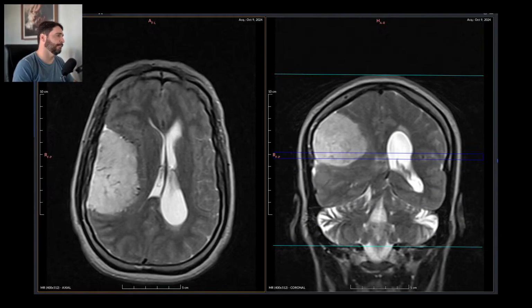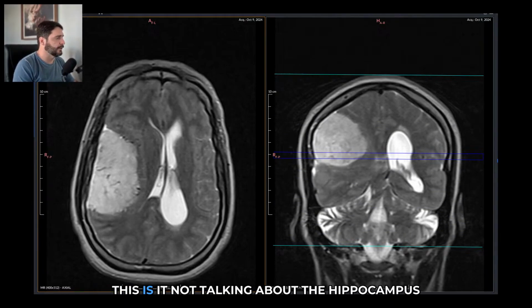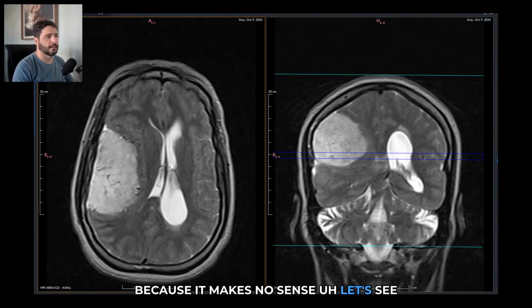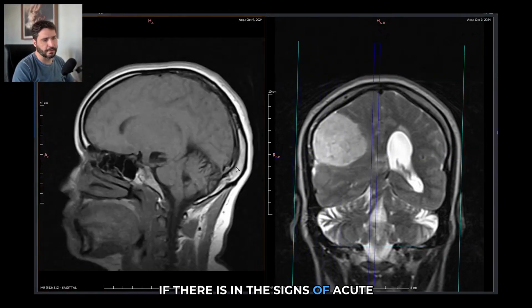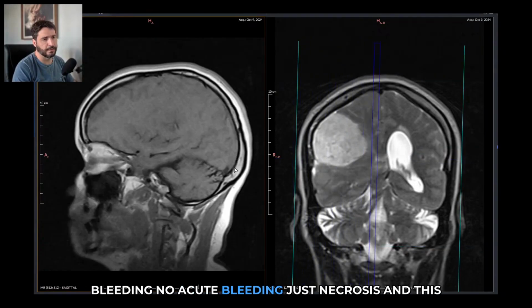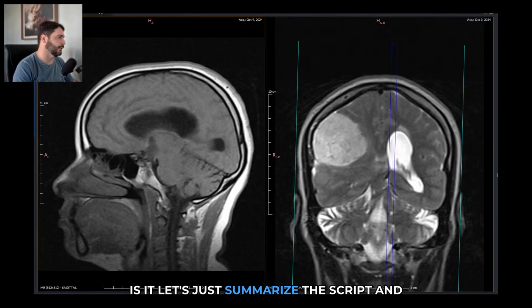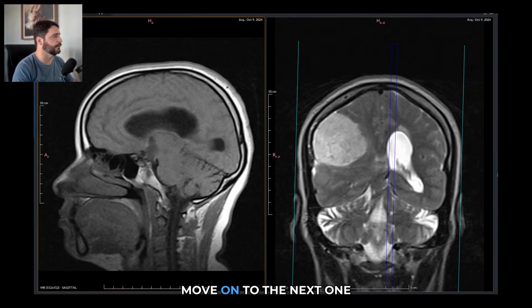This is edema. This is it. Not talking about the hippocampus because it makes no sense. Let's see if there are any signs of acute bleeding. No acute bleeding, just necrosis. And this is it. Let's just summarize this and move on to the next one.